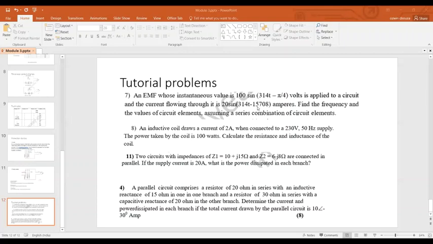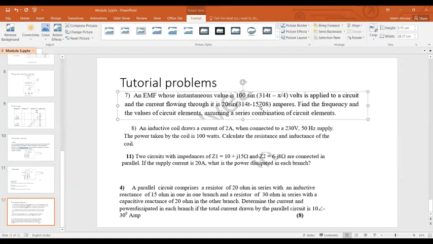You convert this 1.5708 radians into degrees. You should get 90 degrees here. And try to plot the vector diagram.